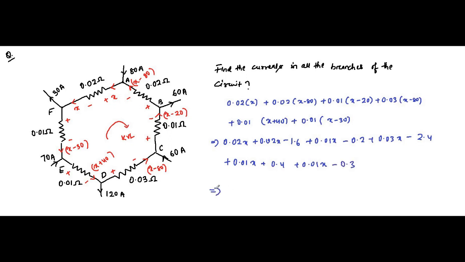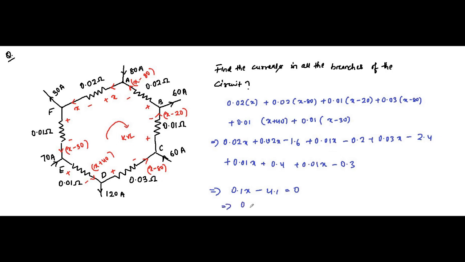When we add everything, bringing the x terms on one side and all the constants on the other side, it will be 0.1x minus 4.1 is equal to 0.